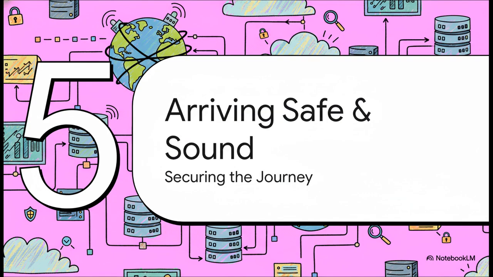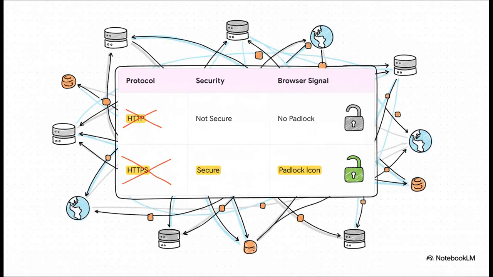Okay, so we've got our packets, they're broken up, they're addressed, and they're being zapped across the globe. But think about it. As they're hopping between all these different routers, all these different post offices, is the information inside them actually safe? I mean, could someone just listen in? This is exactly why the difference between HTTP and HTTPS is so important. Think of HTTP as sending a postcard. It's totally open.